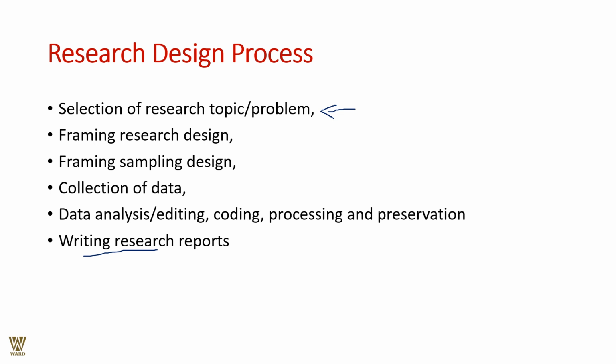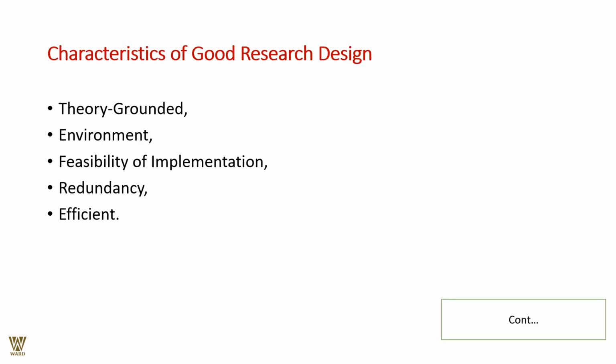Once that is done, you start collecting data. Data needs to be screened, mined, analyzed, processed, and probably the outcome should be promoted in the form of writing the research report.